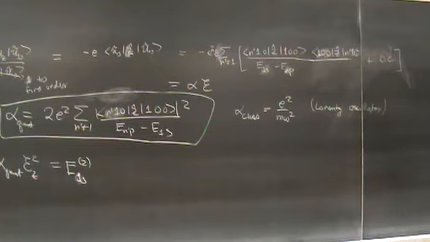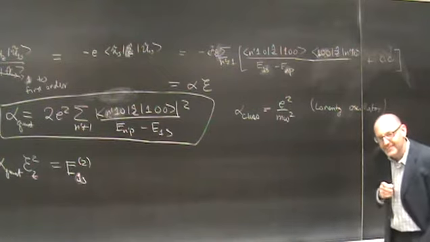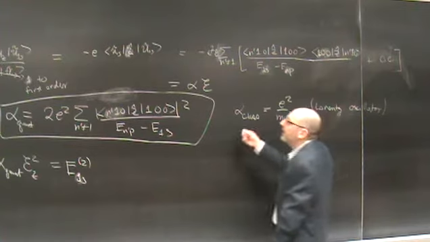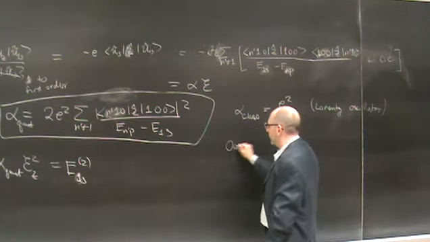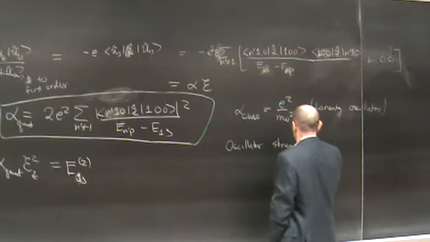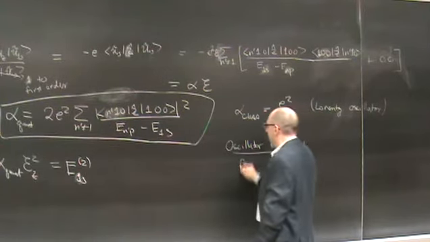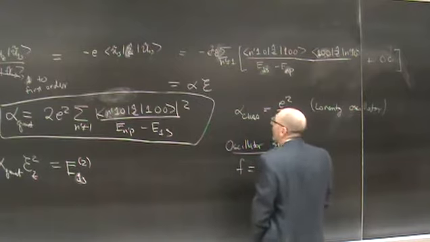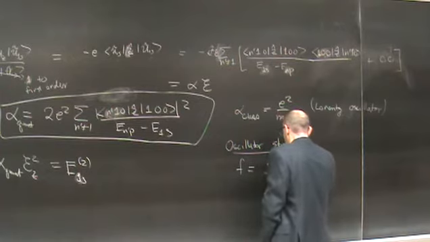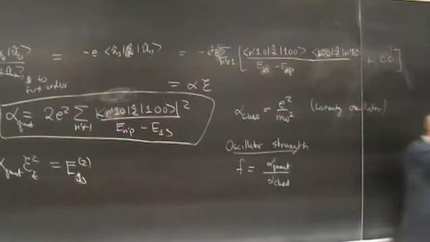And so, Stephen, I will do a little more piece of your homework as you suggest, and here it is. We can define something which we call the oscillator strength, F, as the ratio of the polarizability we get from our quantum mechanical calculation compared to what we get classically.